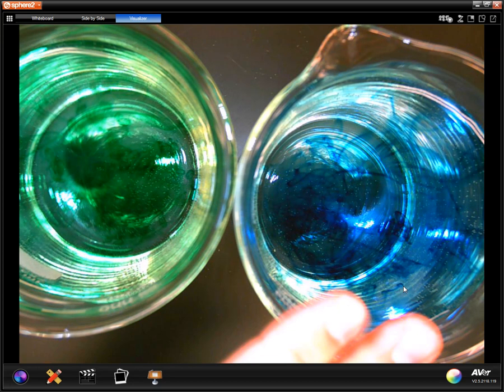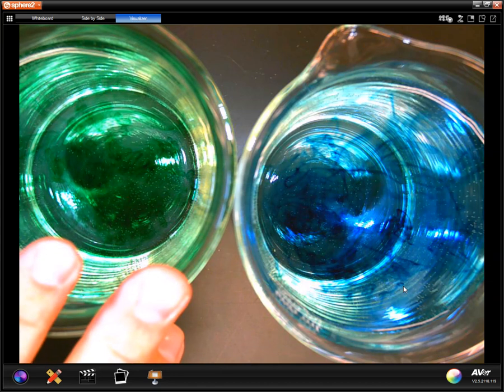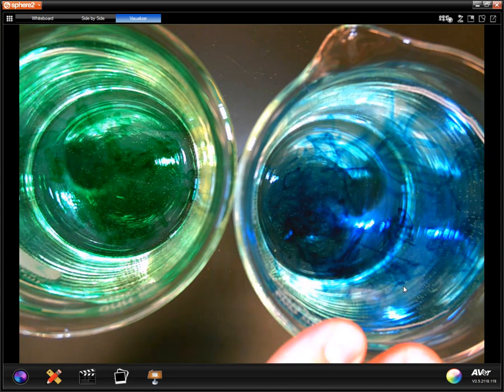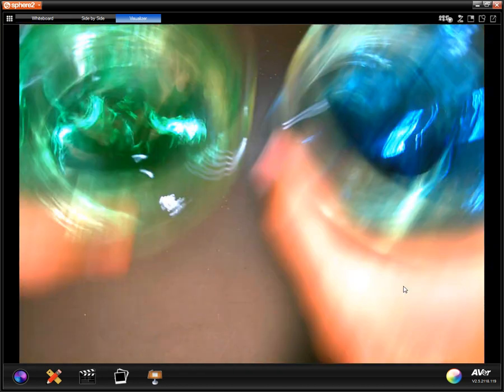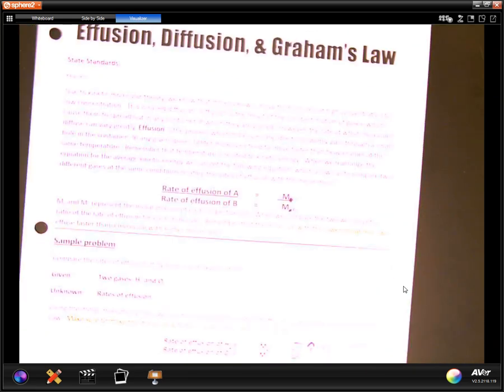Same thing we got going on here. The larger the molecule, the heavier the molar mass, the slower it's going to diffuse or effuse. The smaller the molar mass, the quicker it can diffuse. And so what Graham's law does for us is actually allows us to calculate those rates of diffusion.